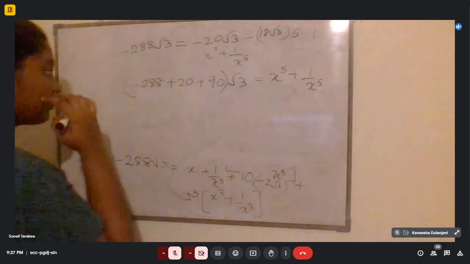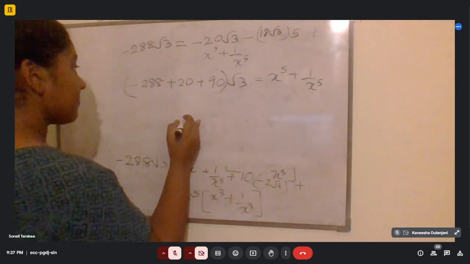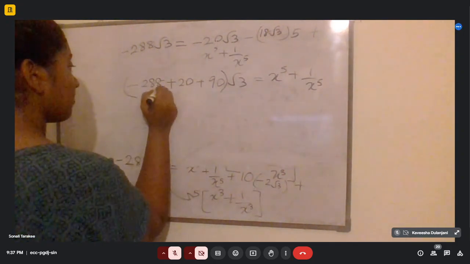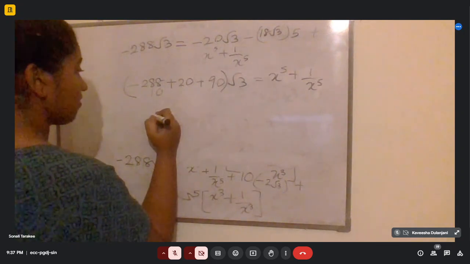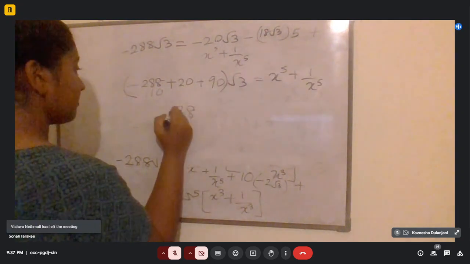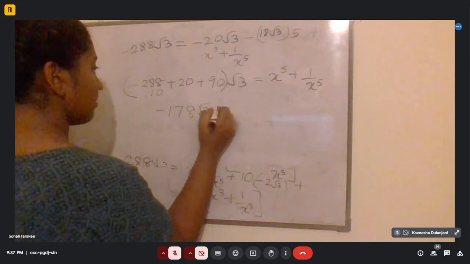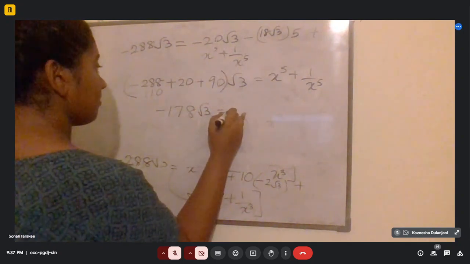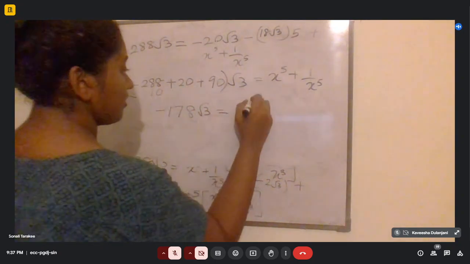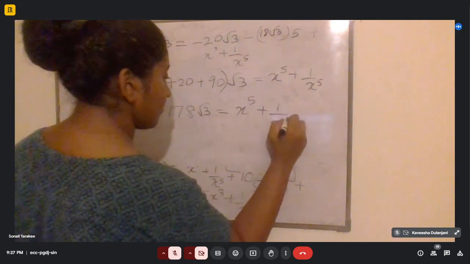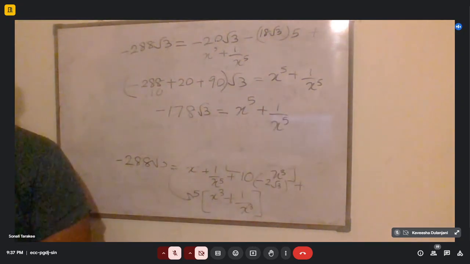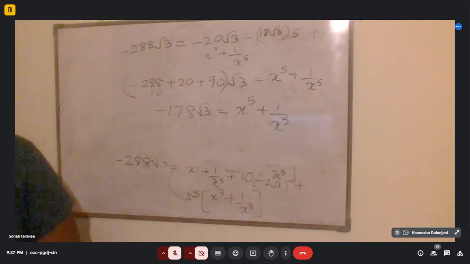So once you simplify this one, you get 8, 7, 1. Minus 178 root 3 is the answer.